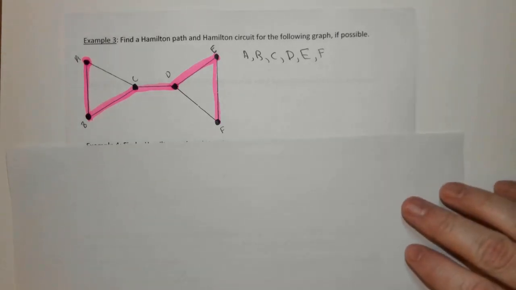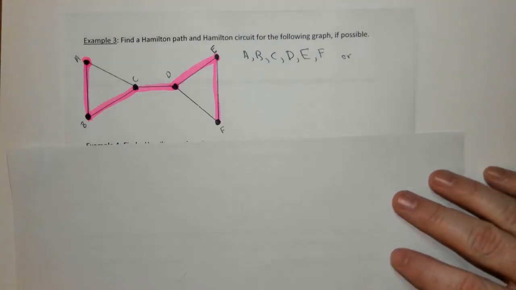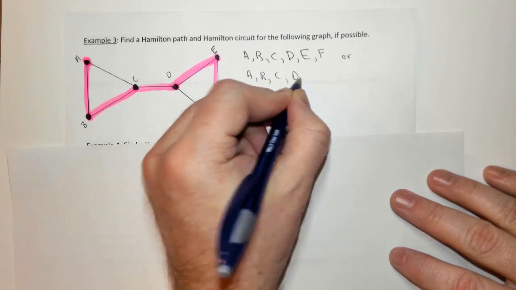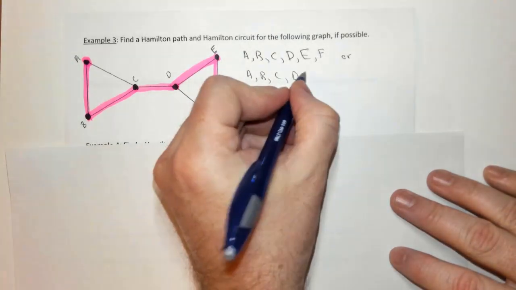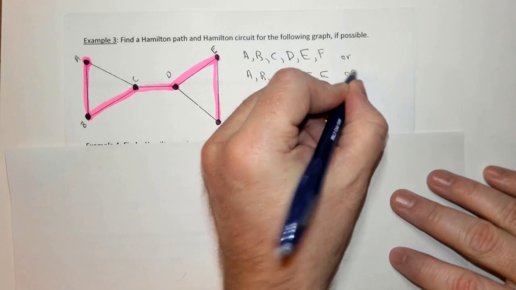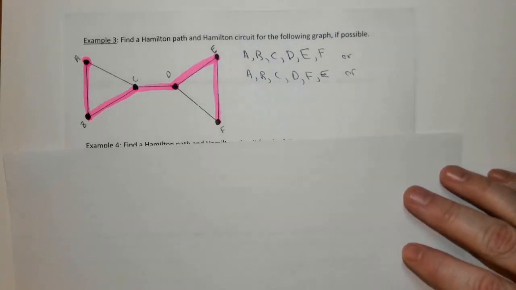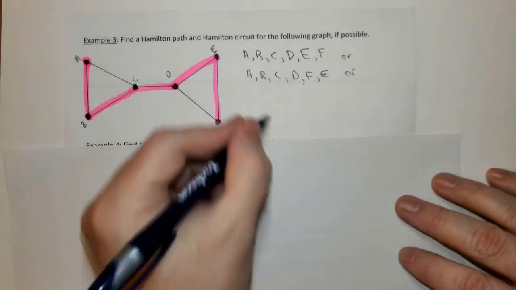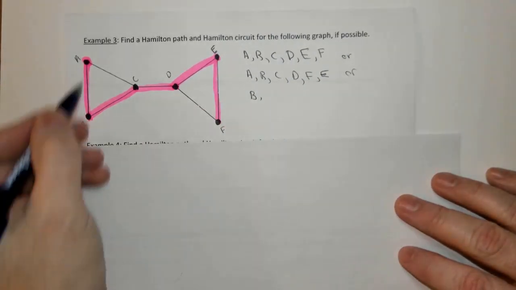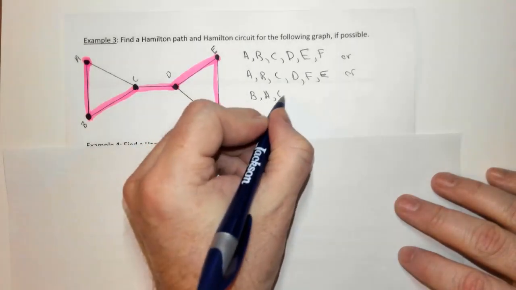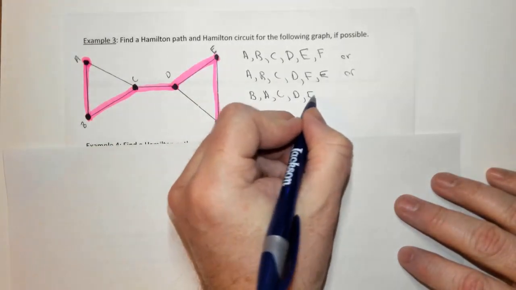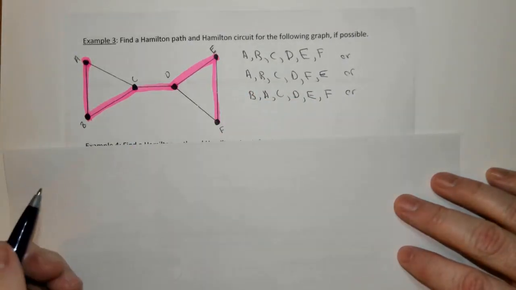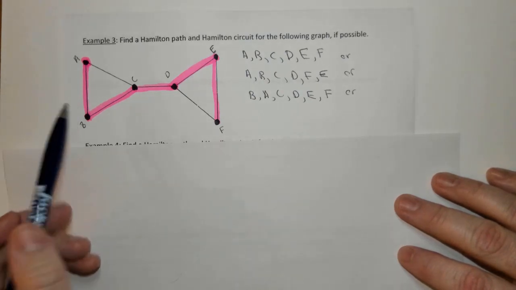There are several. I don't even know if I'm going to give you all of them. I could have gone A, B, C, D, F, E. I could have also gone, well, probably going to run out of room here, but I could have gone B, A, C, D, E, F. Now I don't even have to start on this side.